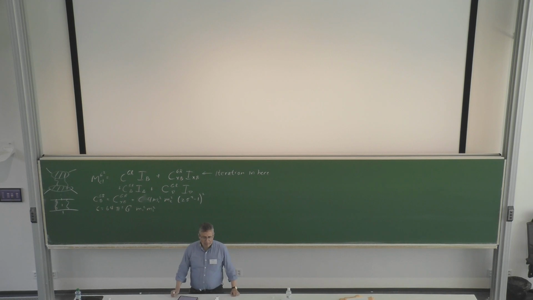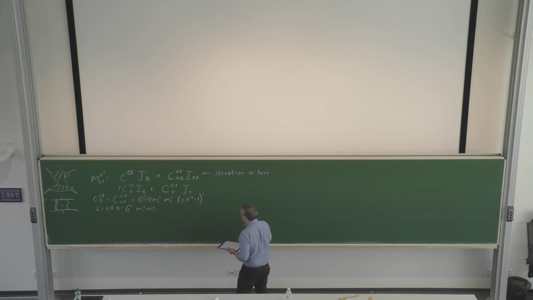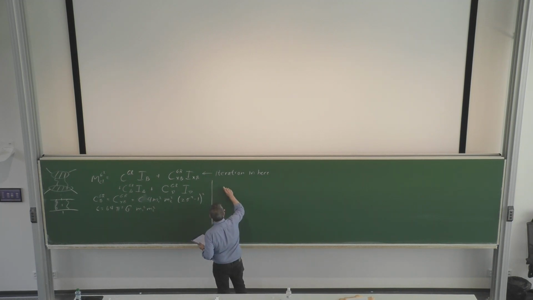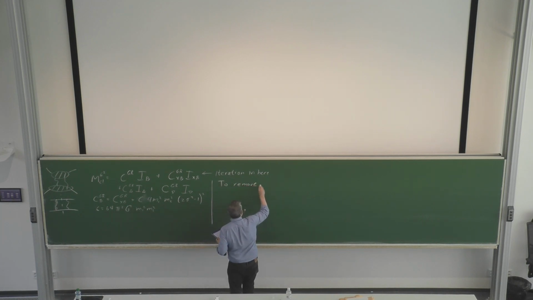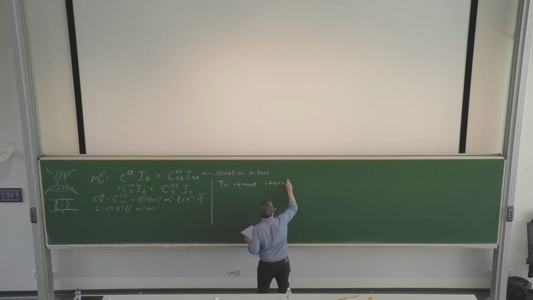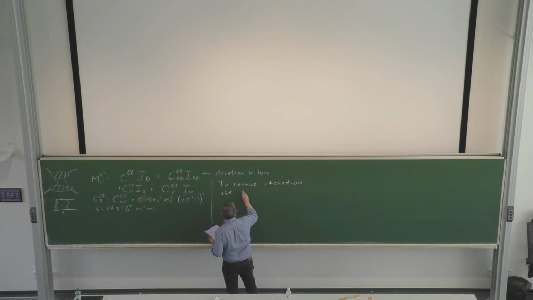By matching, we can then identify the new contributions to the potential. And the iteration is automatically taken care of. So to remove iteration, use EFT matching.